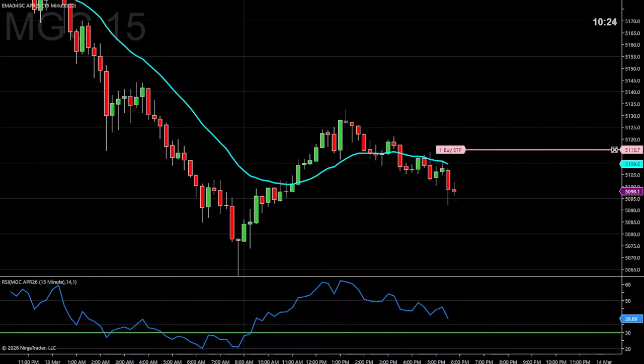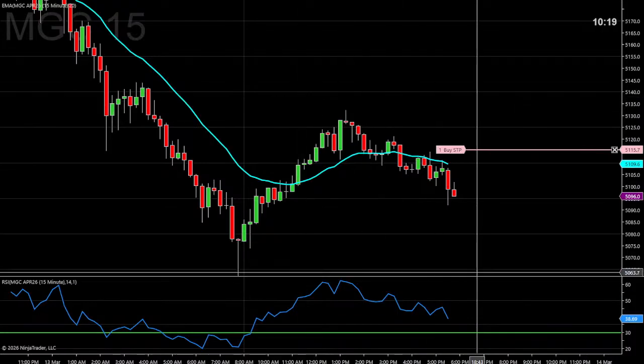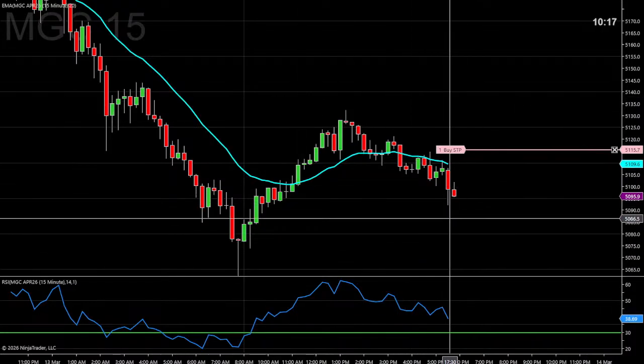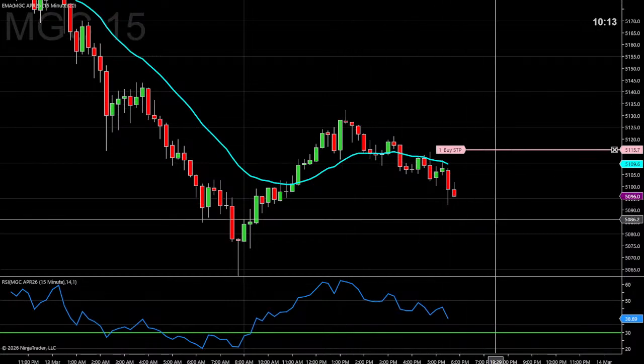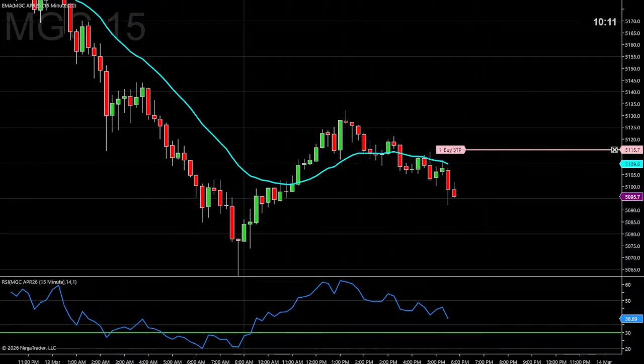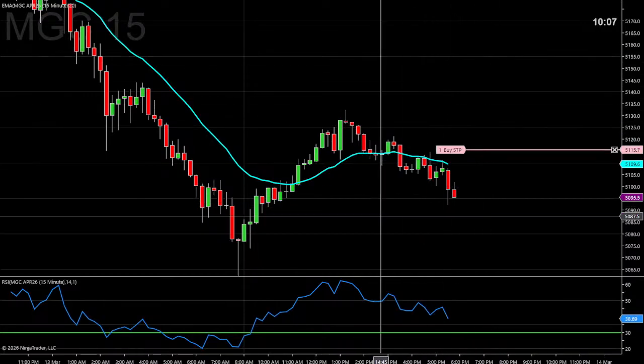So if it reached there, well then it's definitely broken the high. It's definitely a higher low compared to here, and then a higher high compared to there. So this would definitely be considered an uptrend.